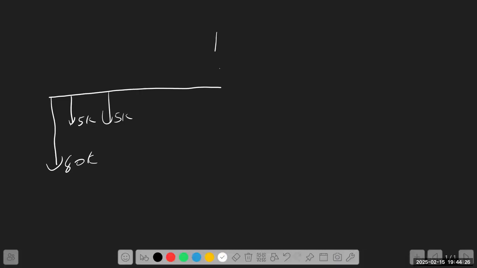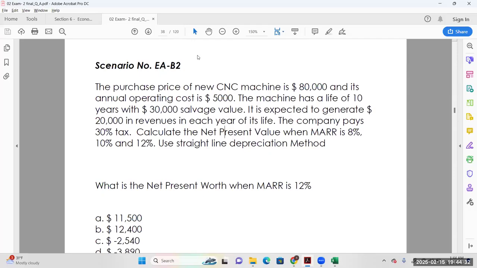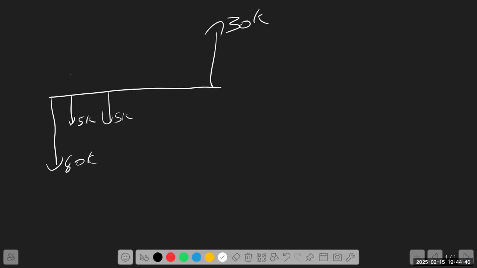What is salvage value? After the end of the life, what is the scrap value? 30K, yes, that is a positive one. We are getting it, right? So it's an upward arrow. And it is expected to generate 20,000 revenue each year. So 20K each year. So we can nullify this one.